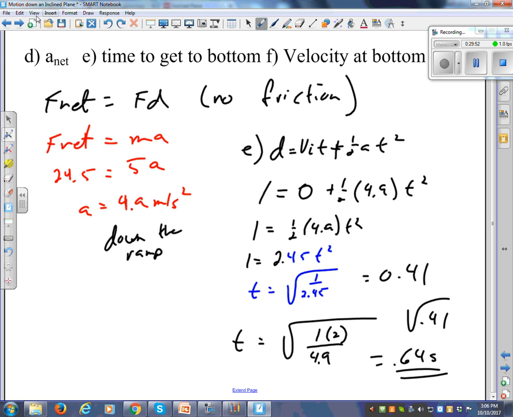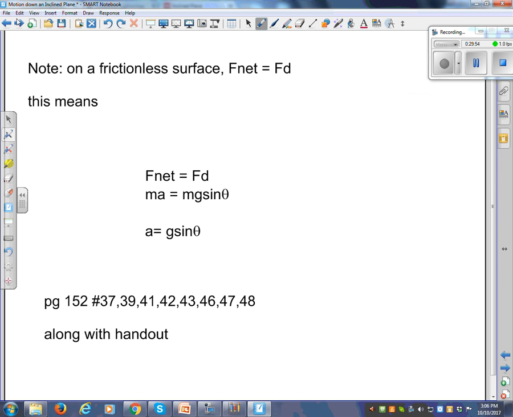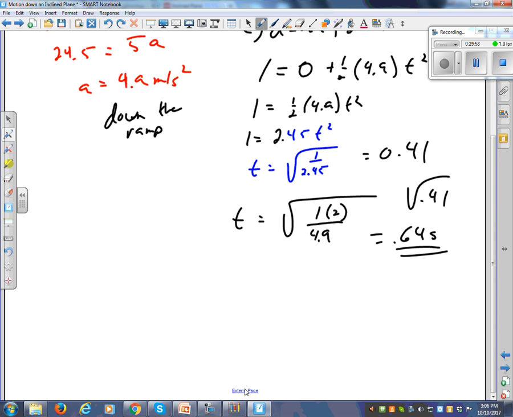How do I find the velocity at the bottom? We could use Vf squared equals Vi squared plus 2AD, right? Vi is 0, acceleration 4.9, displacement 1.